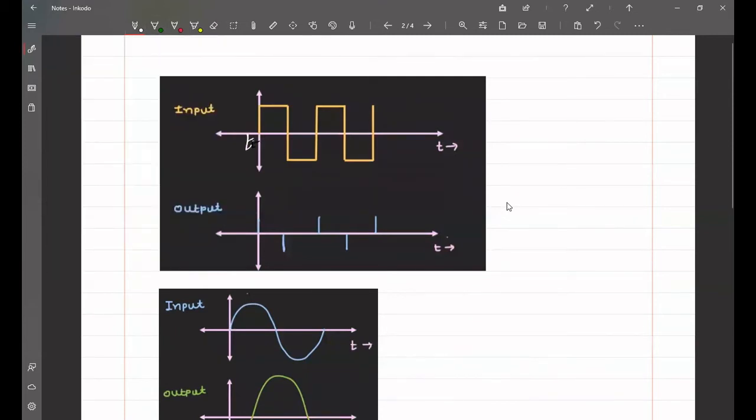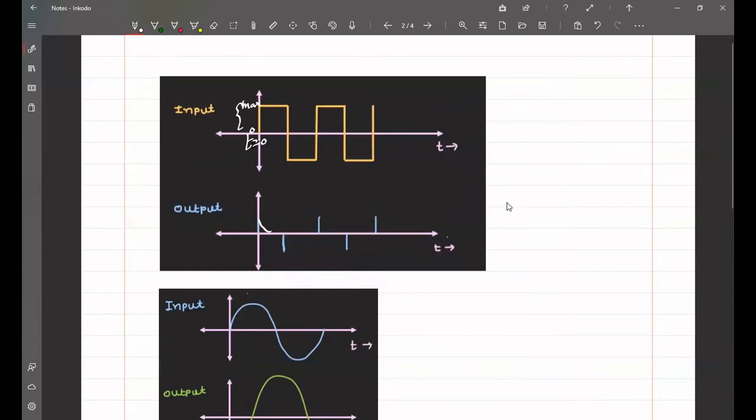At this time t equal to 0, the amplitude increases from 0 to a maximum value due to the sudden change of voltage. So a small pulse will happen in the output of the differentiator. This pulse may be drawn like this.